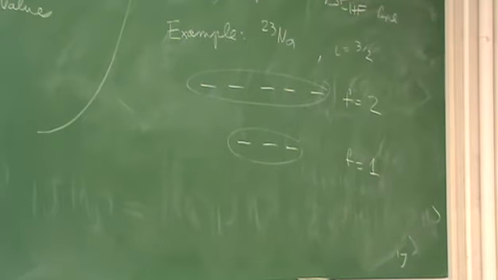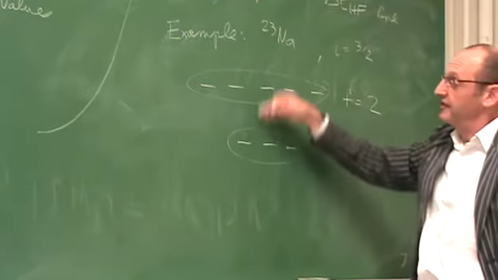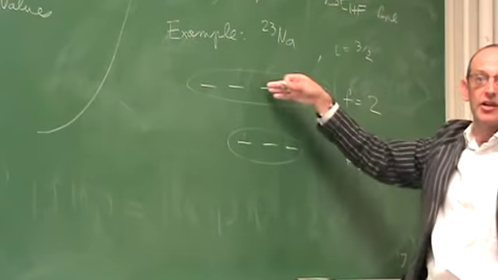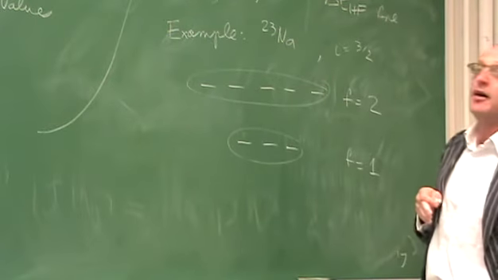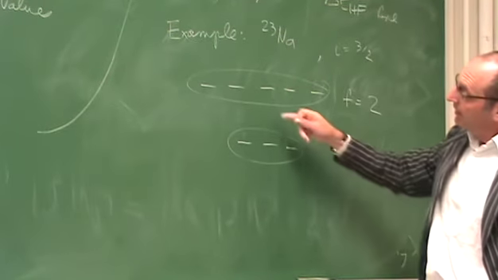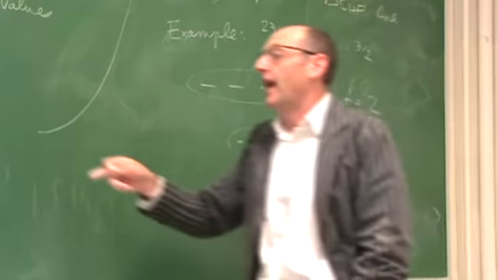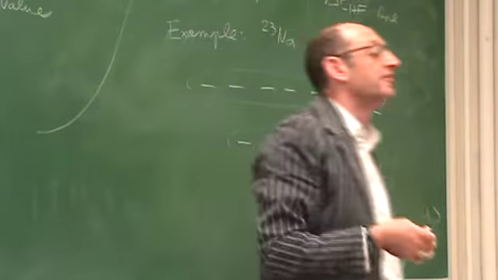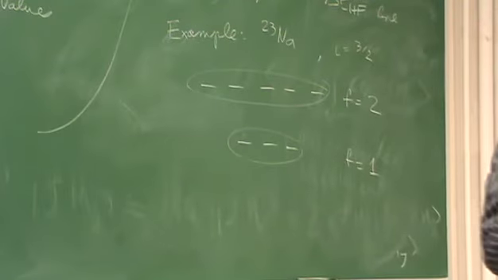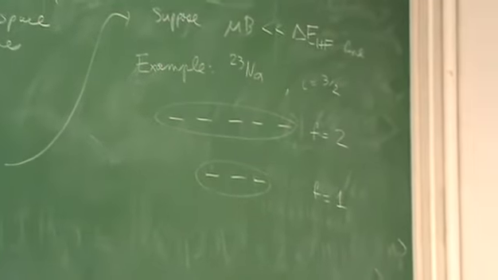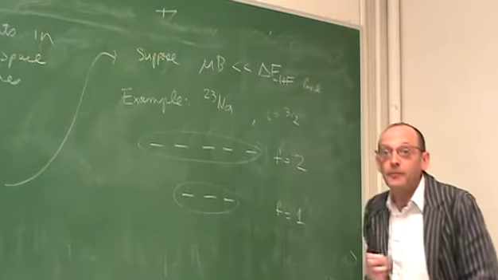Of course, to higher order, we would then have second order perturbations, which would have to do with the energy difference between the hyperfine manifolds and the strength of the Zeeman interaction. That would give us what we call the quadratic Zeeman shift. But let's just say that that's a tiny effect because this is small.